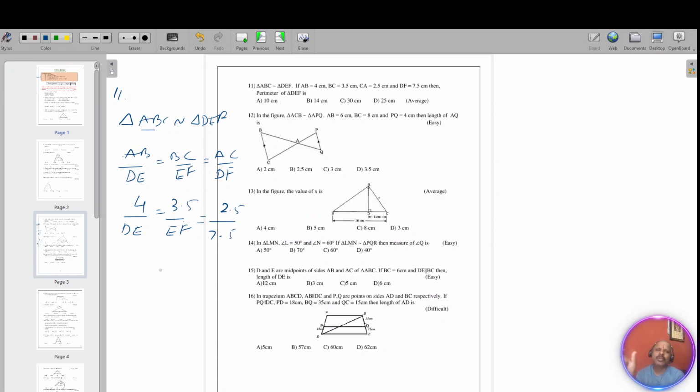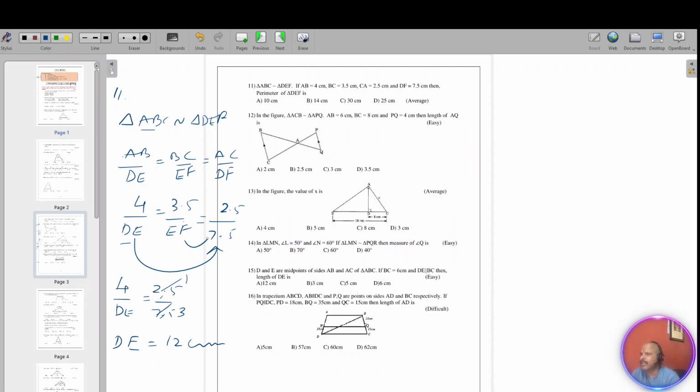Now you equate two ratios where one is unknown and the other ratio has both the values. So equating these two, I get 4 by DE equal to 2.5 by 7.5, which is 1 by 3. Cross multiply, you get DE is equal to 12 centimeter.